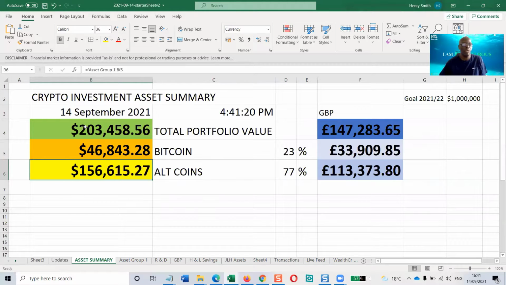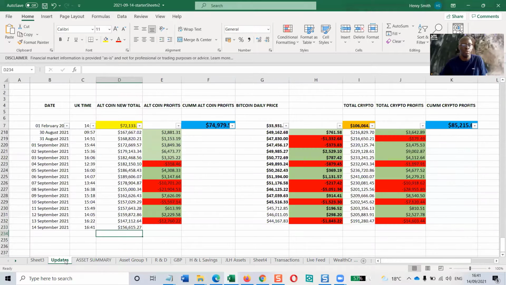Yeah, that's it. So the next, let's do the totals.